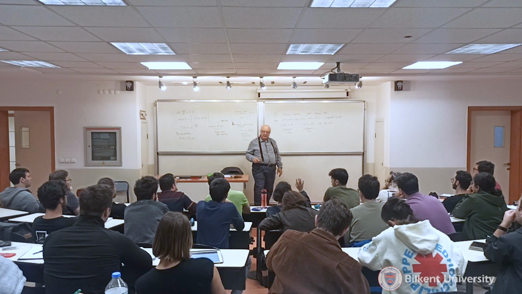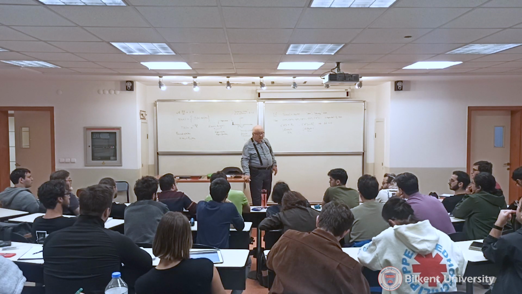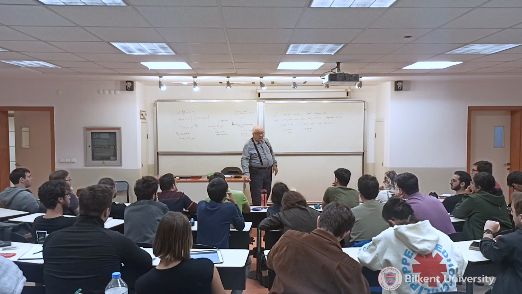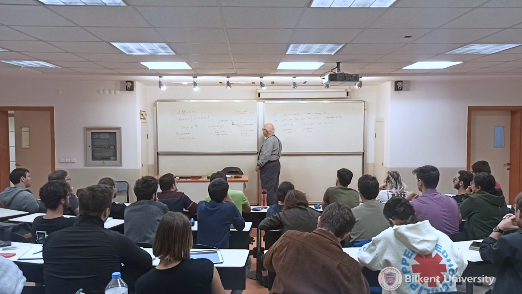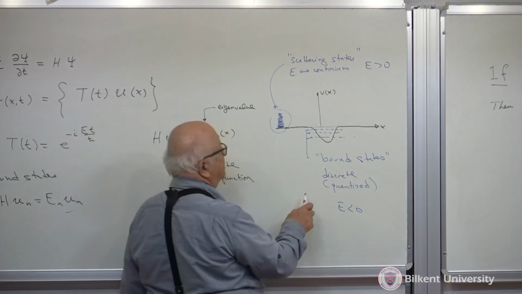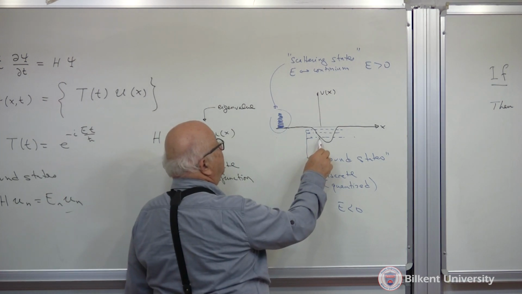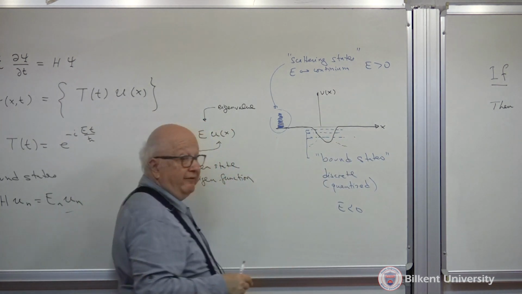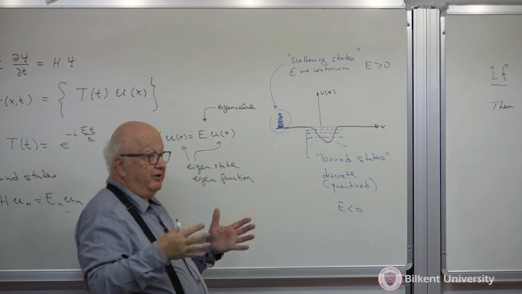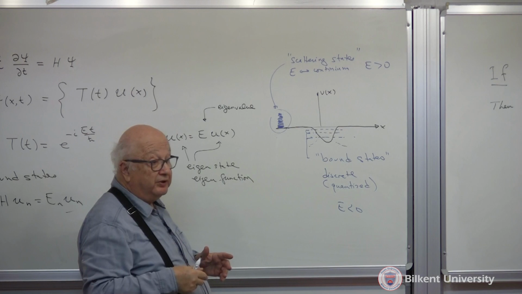I couldn't understand why the energy takes continuous values when the particle's outside of the well. Okay, when the particle is outside of the well, it's all a matter of the boundary conditions. Here, I want the wave function to go to 0 as I go farther away from this well, because the particle doesn't have enough energy to extend all the way to infinity.